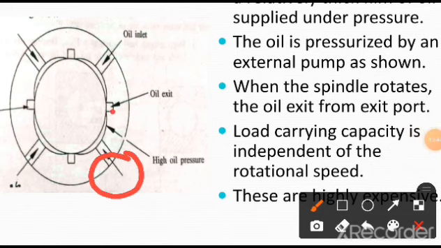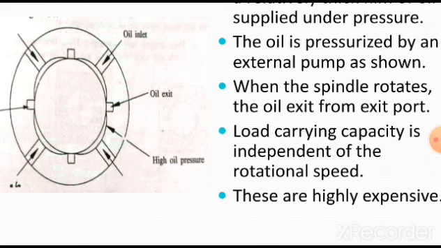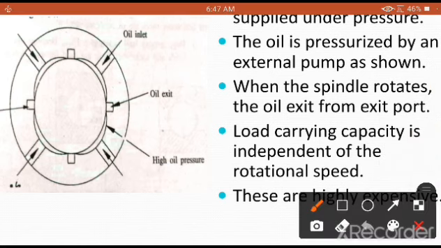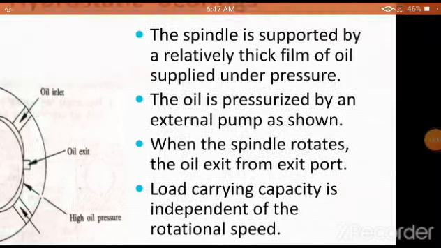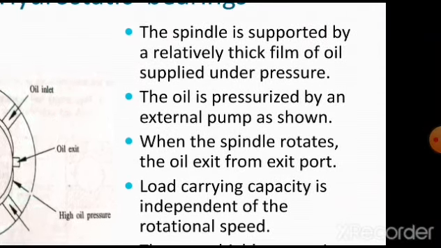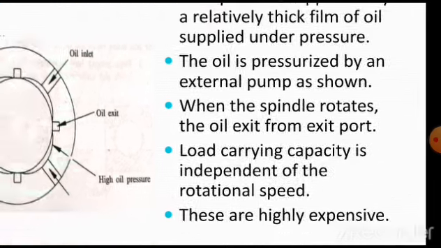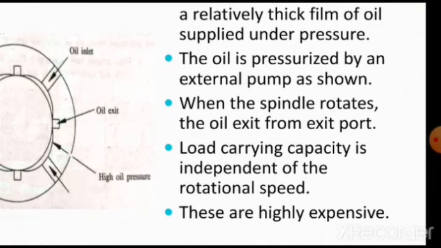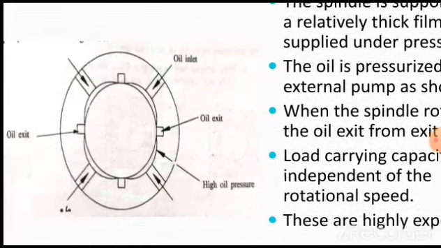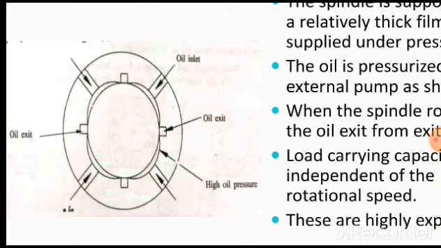That is why, as we are going to see on this page, a thick film of oil is maintained continuously, and when the thick film of oil is maintained, the spindles can be subjected to higher loads. The oil is pressurized by an external pump. When the spindle rotates, the oil exits from the exit port.